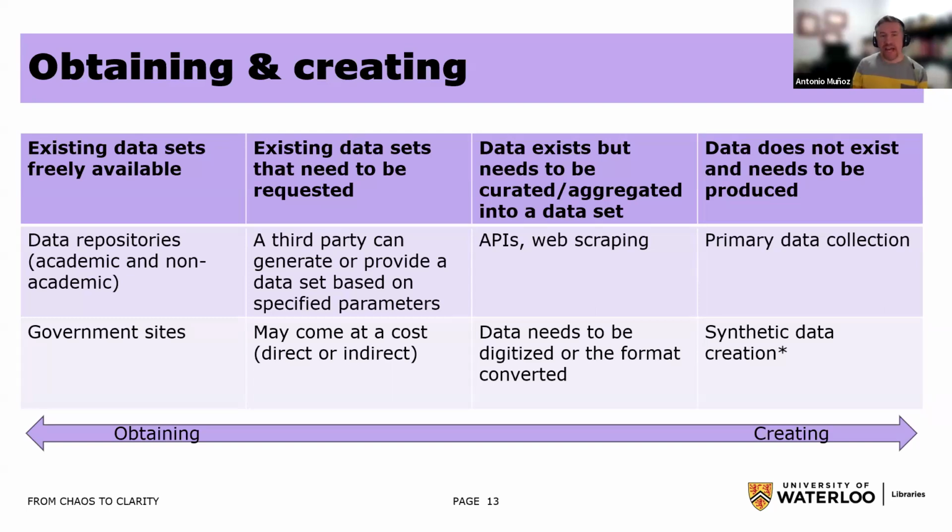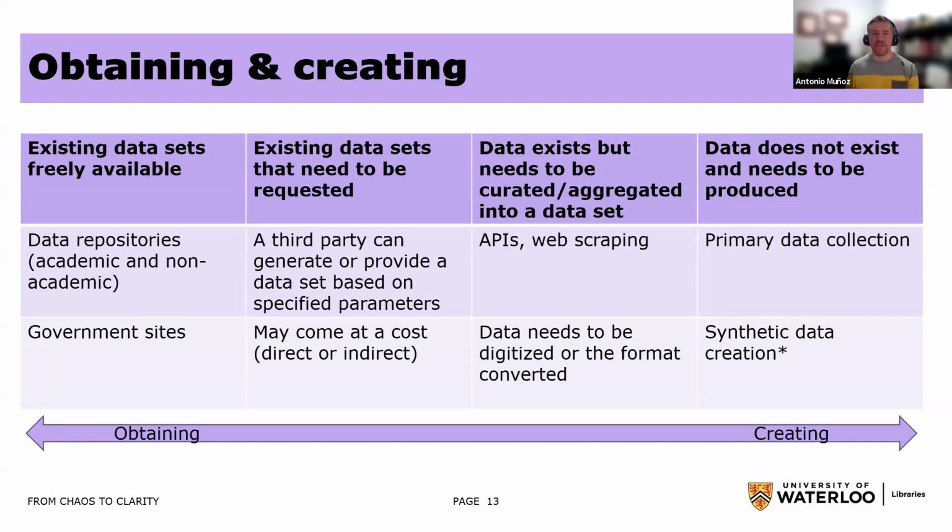Sometimes the data that we need is going to be readily available in repositories that can be academic or non-academic in nature, government sites. In our example, there was a data set that was available on Reddit. So in those cases, maybe all you need is to just grab that data and use it. Sometimes you might need permissions to use it, but basically all the data is there waiting for you.